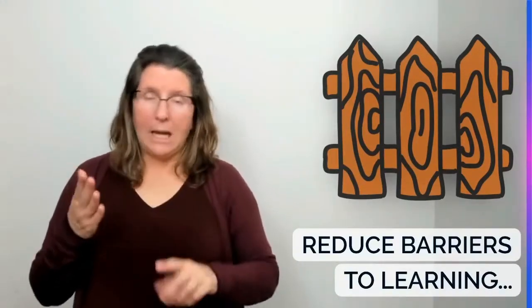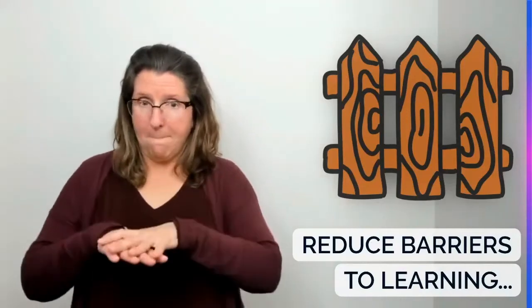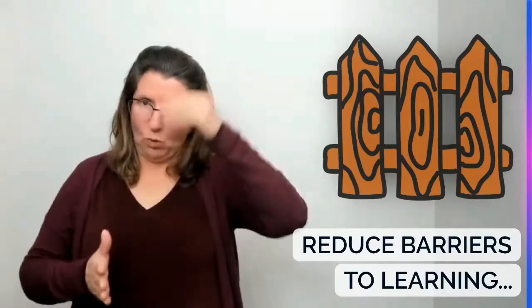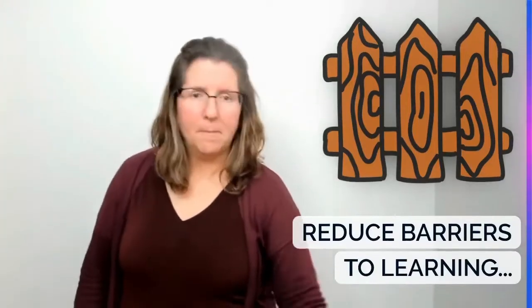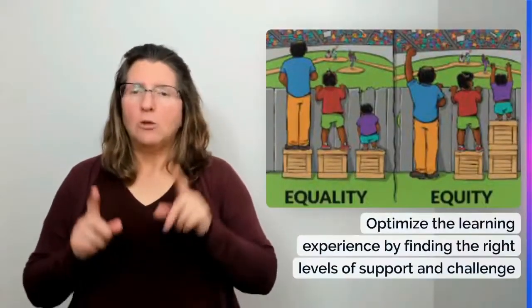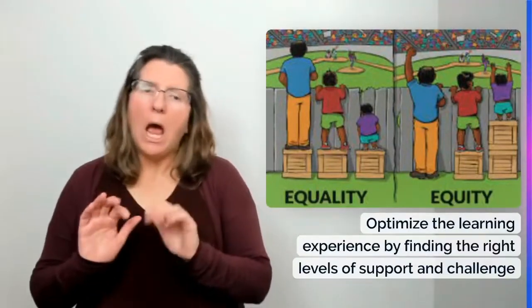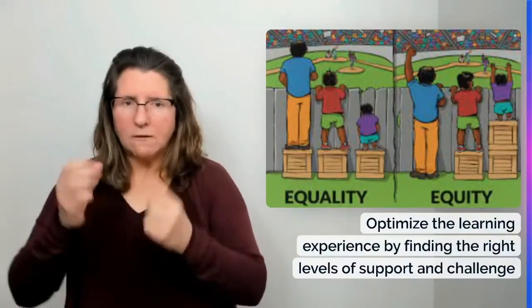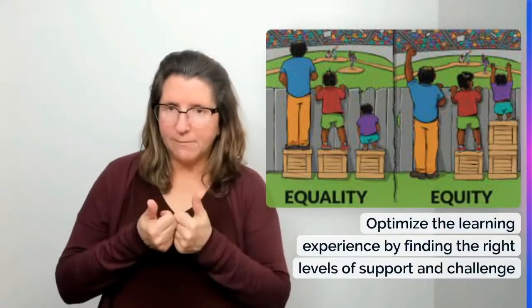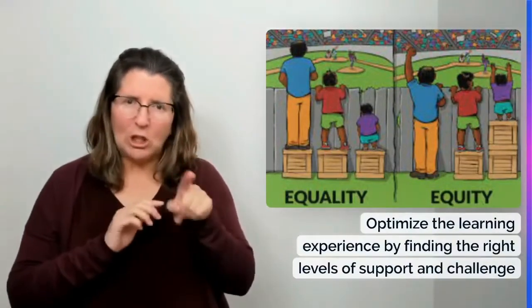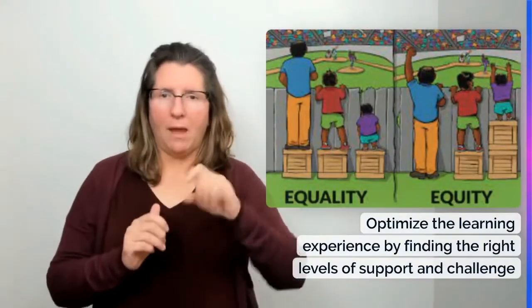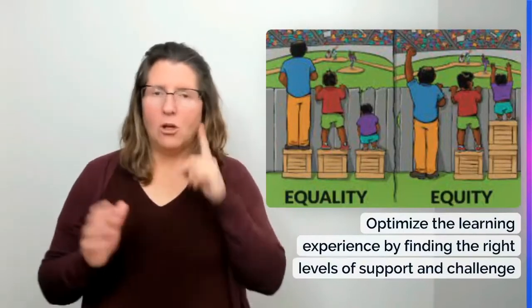We introduced this idea earlier about UDL and DI to reduce the barriers to learning. We know we need to optimize the learning experience by finding the right levels of support and challenge. The image on the slide demonstrates the difference between equality and equity.